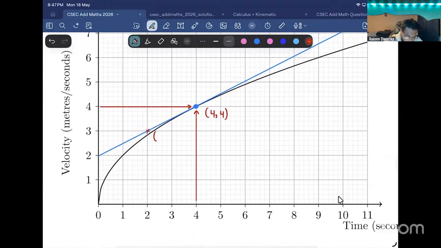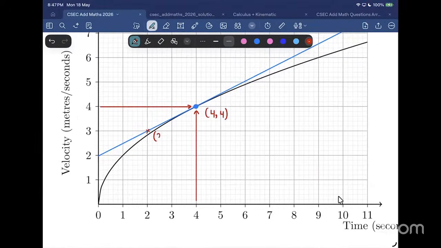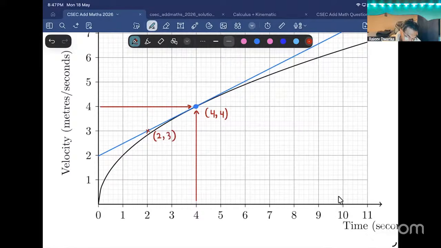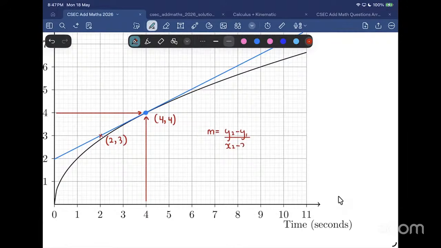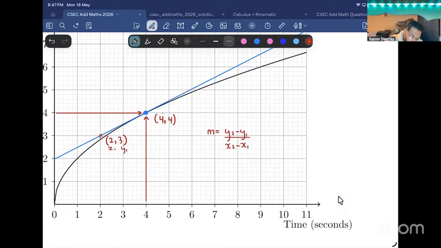What's our point over there? 2, 3. So, if you recall, to find the gradient, it is change in y over change in x. So y2 minus y1 over x2 minus x1. So we could call this x1, y1, and we could call this x2, y2. But really, it doesn't matter which one you call x2, y2 or x1, y1.